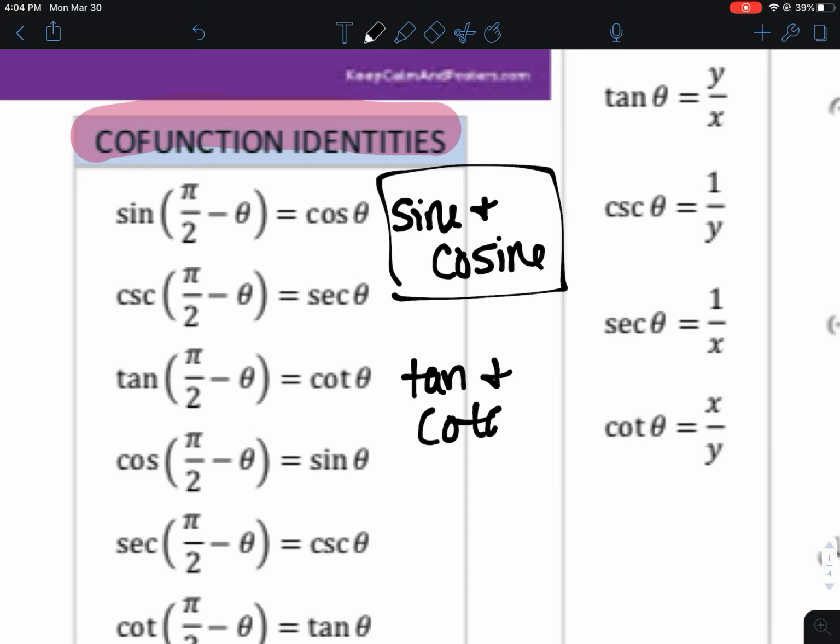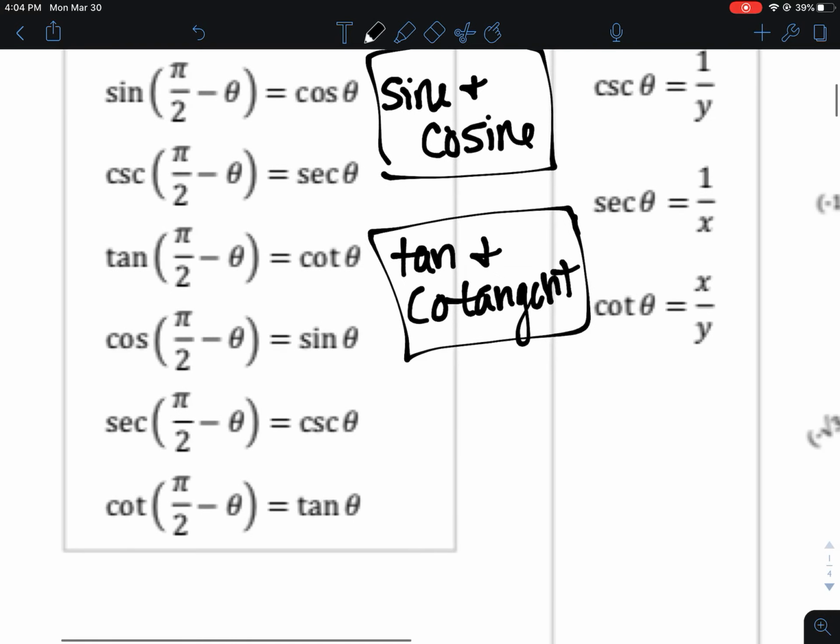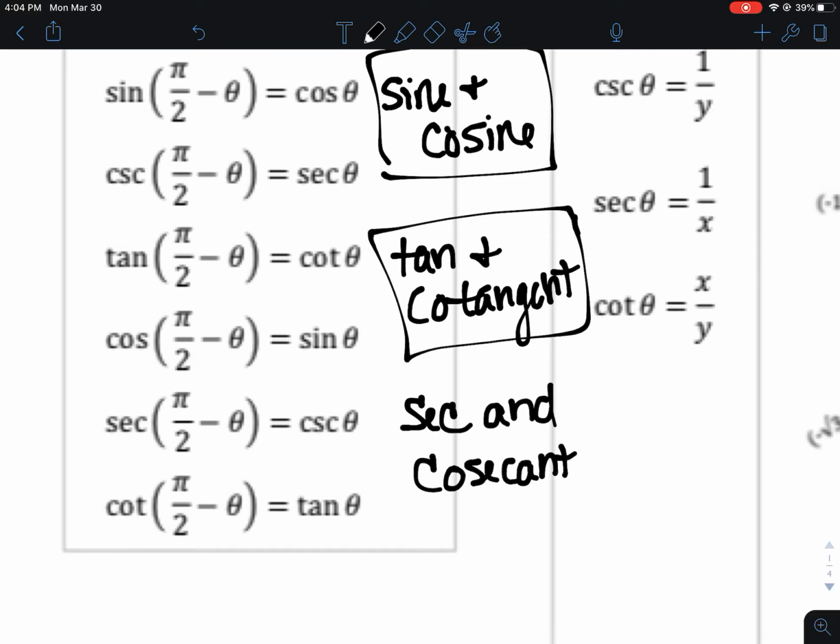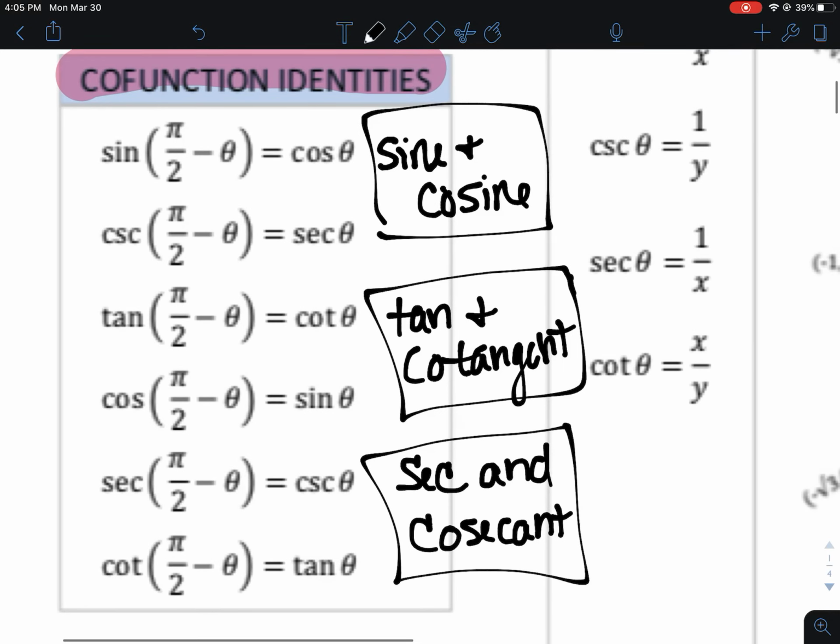Tangent and cotangent are cofunctions. Secant and cosecant are cofunctions. So all of those things are the cofunctions that we're talking about here.